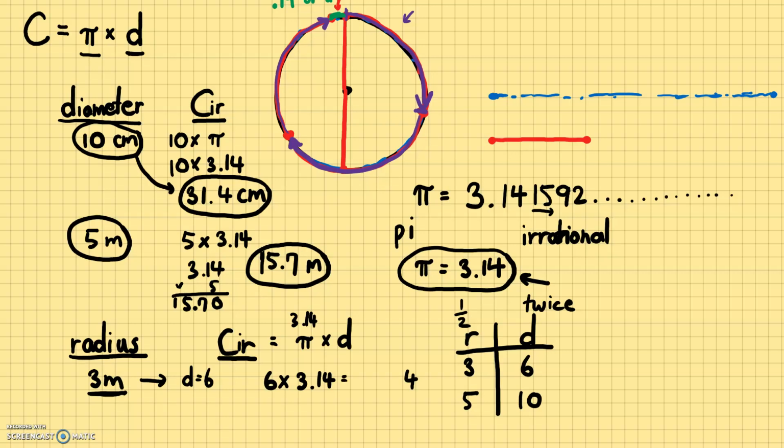That's going to equal 18.84 meters. Okay, so if you know the radius, to get the circumference, you'll have to do 2 times the radius first.